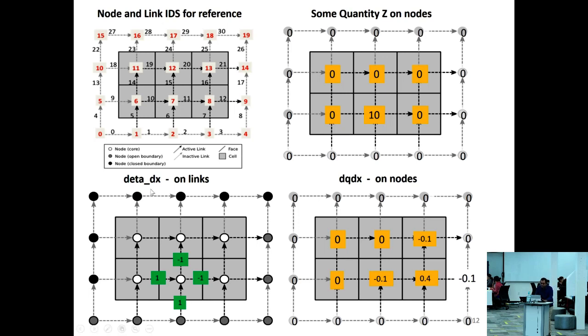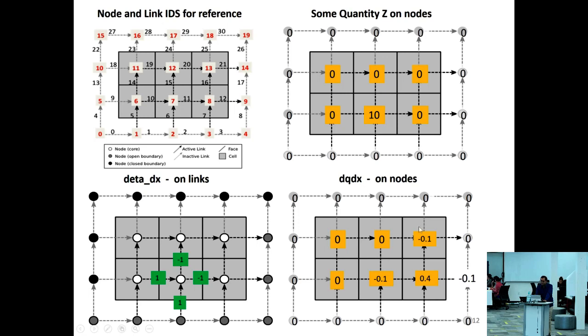And I calculate d eta dx. So the values on the links are zeros everywhere except the 4 links that I have marked here. So the links that connect 7, the link IDs 11, 15, 10, and 6 have non-zero values.